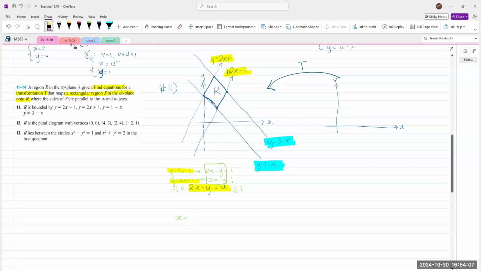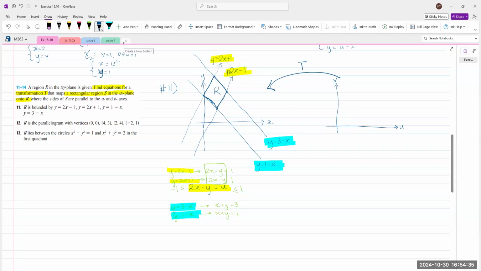I write the initial situation first. So I have y equals 3 minus x and y equals 1 minus x. I can rewrite each one of them to be x plus y equals 3 and x plus y equals 1.